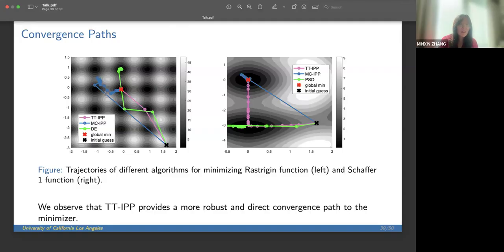The blue path is for MC-IPP. You can see although it's subject to some oscillations, it still manages to converge to the red cross, which is the global minimizer.